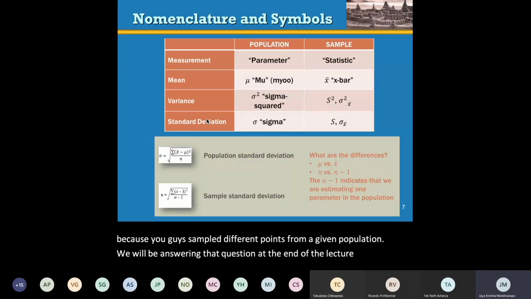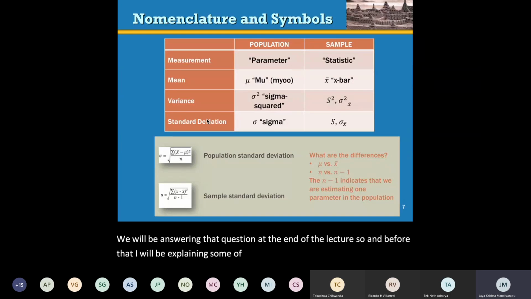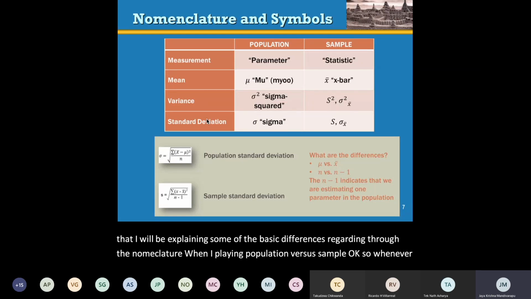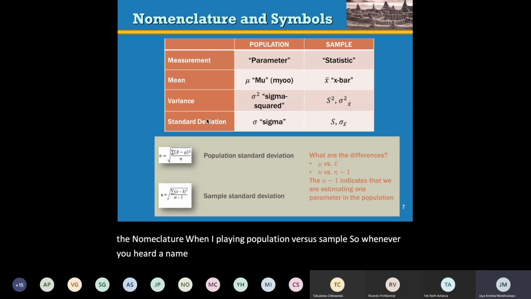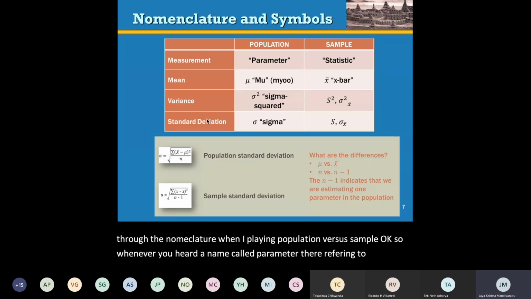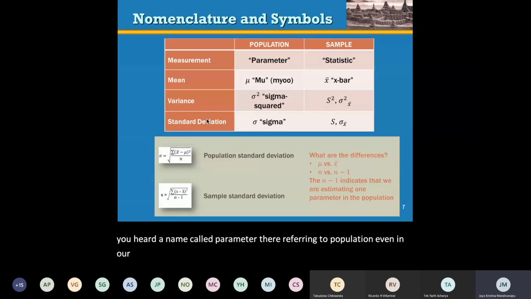Before that, I will be explaining some of the basic differences in the nomenclature when applying population versus sample. Whenever you hear the name parameter, they are referring to population. Even in our homeworks, when we refer to a parameter, we are referring to a population.